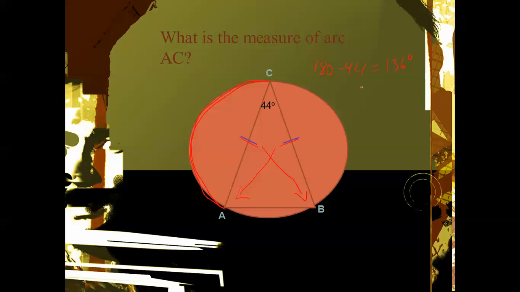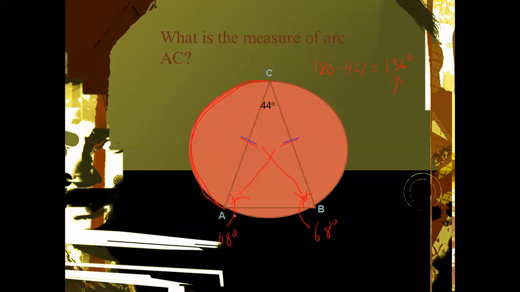Okay, so we know 136 plus 44 equals 180. If these two angles equal each other, we know that they have to add up to 136. So we're going to take 136 and divide it by 2. So that means that each one of these angles equals 68 degrees.